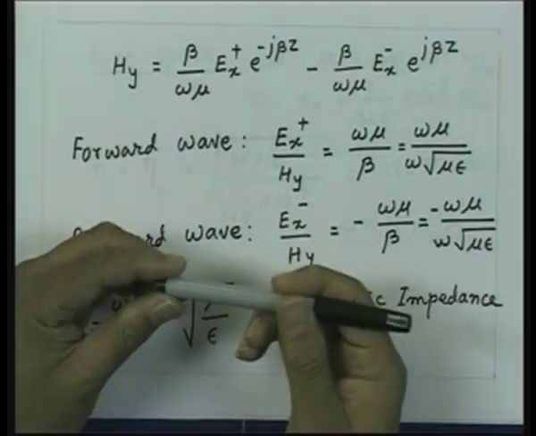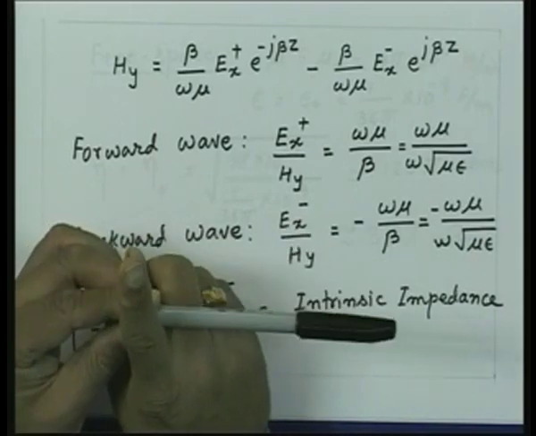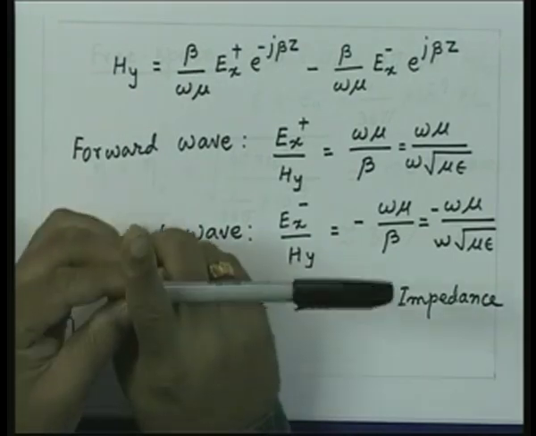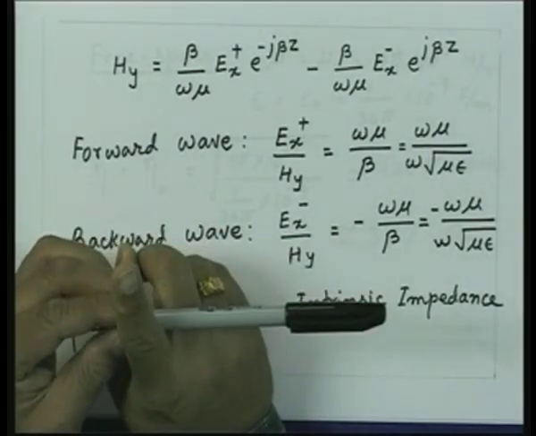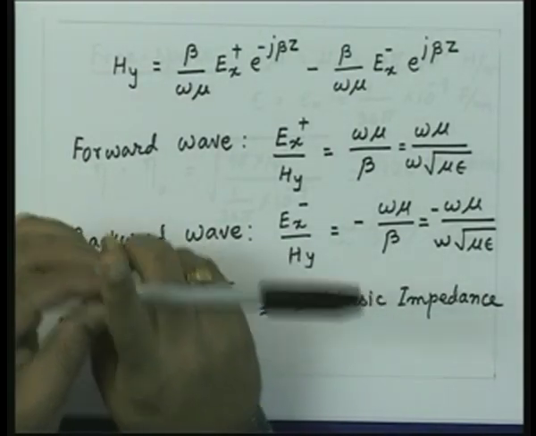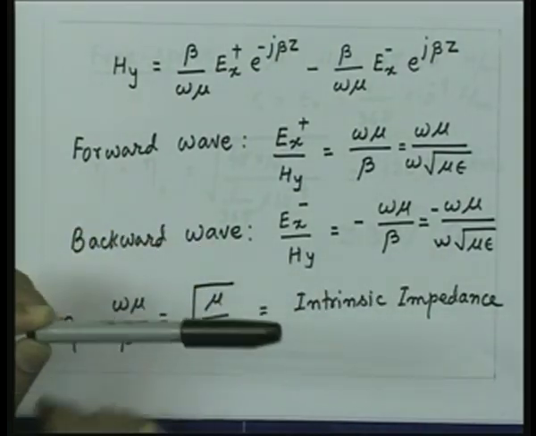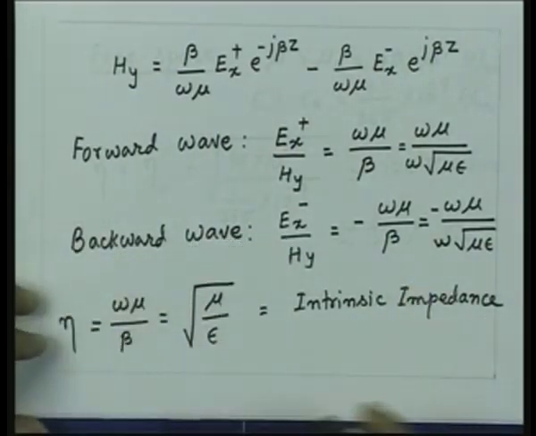So for an electric and magnetic field which are now perpendicular to each other, one has x component, one has y component, if the wave is forward travelling wave, then the ratio of these two is equal to the characteristic impedance or the intrinsic impedance. If the wave is travelling backwards, then the ratio of these two is negative of the intrinsic impedance.